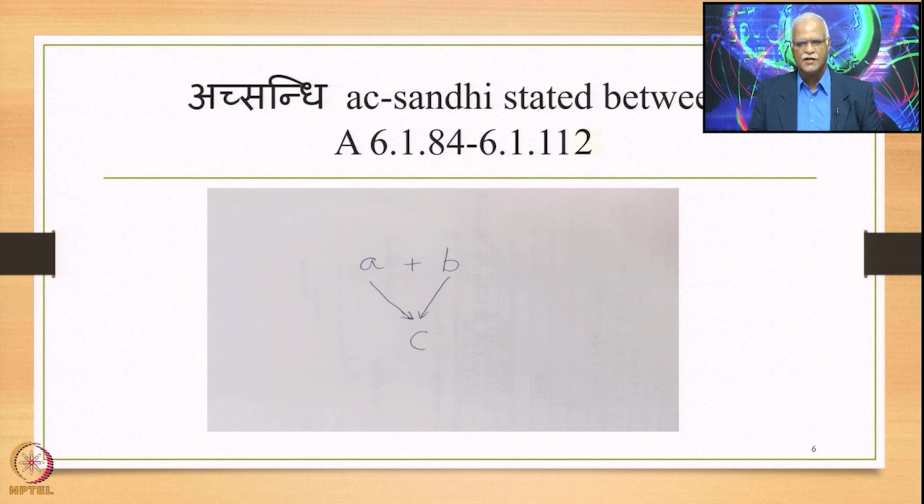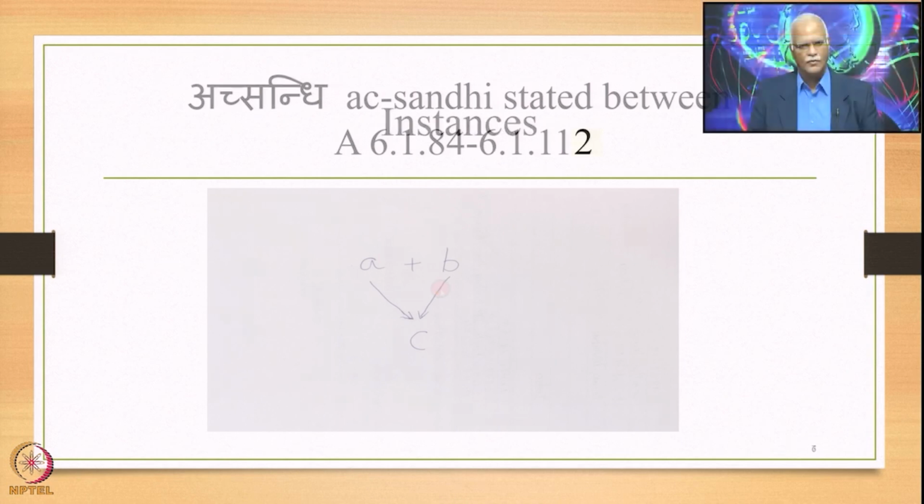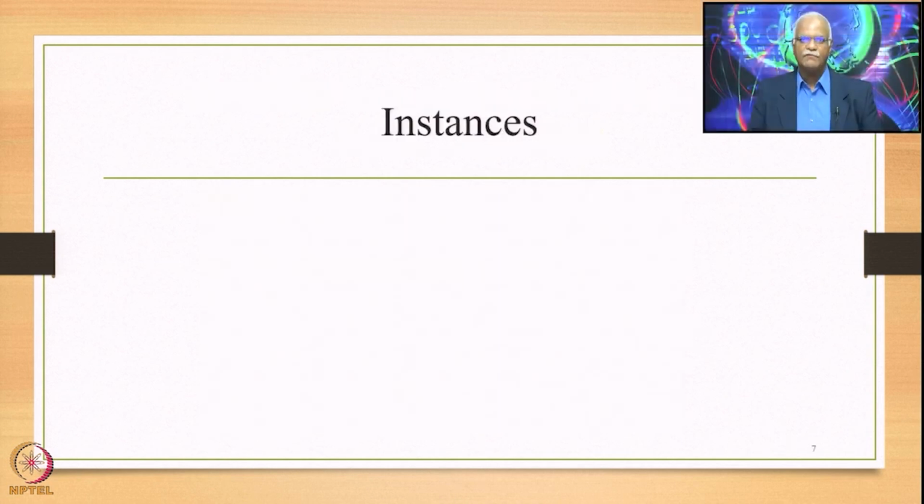This dvisthanika ekadesha is stated in the Ashtadhyayi from 6.1.84 ekah purva parayoho onwards up to 6.1.112. There are 5 instances of dvisthanika ekadesha.